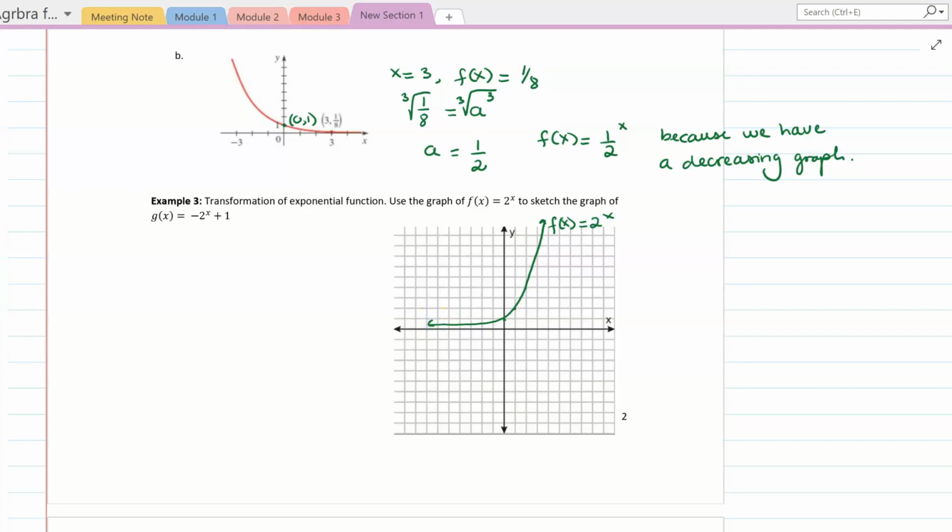Okay. So g of x, compared to the graph of f of x, is shifted up 1 unit and reflected across the y-axis.